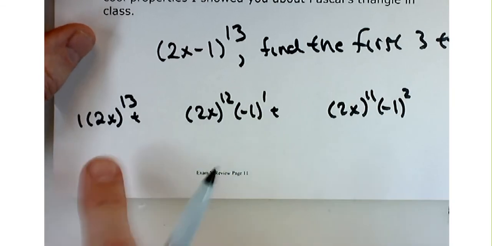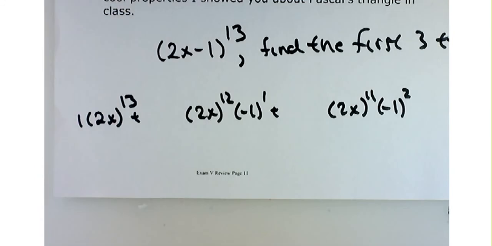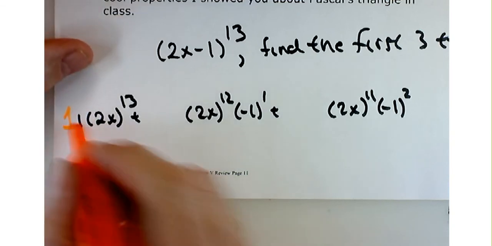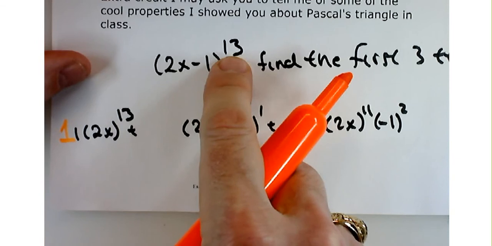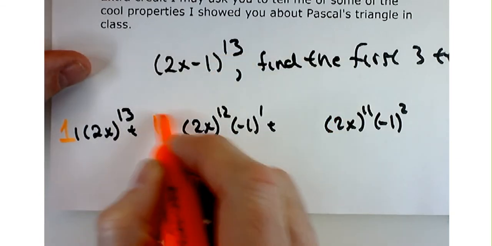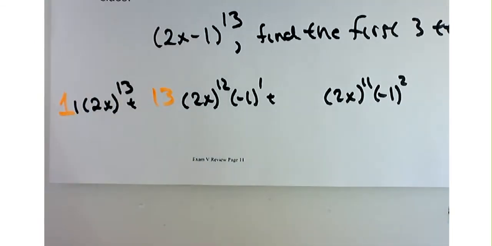Now those are the basic terms. I need to come up with the coefficients. So coefficient here is always 1. The next coefficient is always that power, right? 13. So I get 2 of those almost for free.